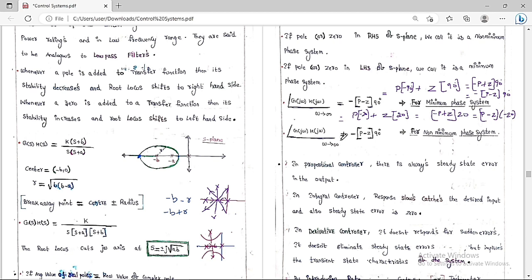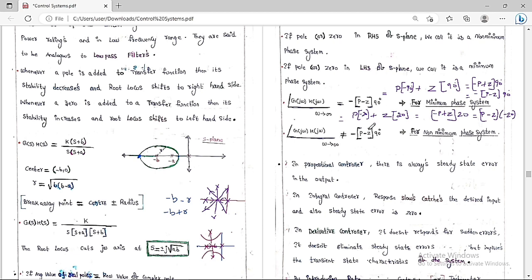So finally, for a minimum phase system, we can exactly say what is the phase angle of G(s)H(s) as omega tends to infinity, and also the slope of the Bode plot when omega tends to infinity, with the above formulas. For p poles, each contributes minus 90 degrees, and for z zeros, each contributes 90 degrees, so we get this equation.